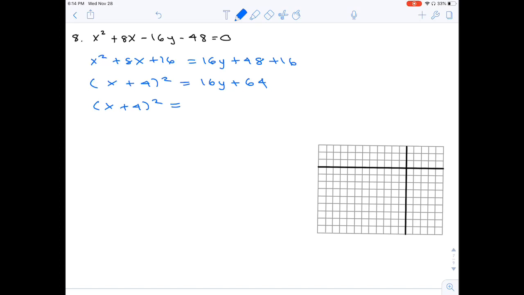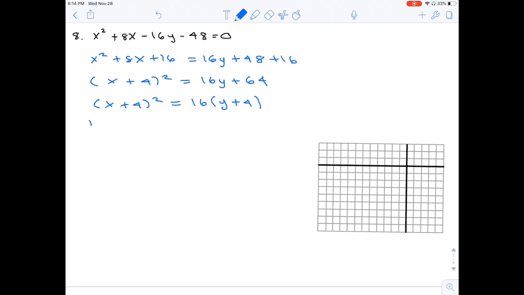Cleaning this up, I'm going to pull a 16 out of both those terms, which leaves me with y plus 4. Dividing both sides by 16, I get 1/16 times x plus 4 quantity squared equals y plus 4.